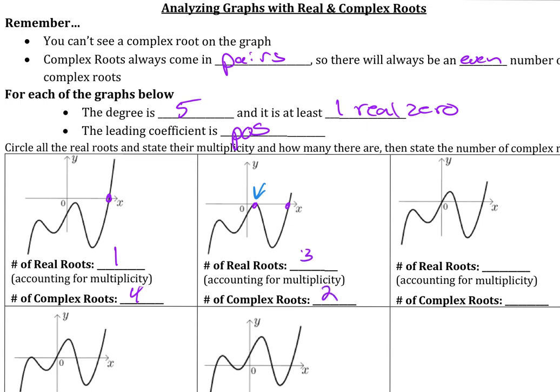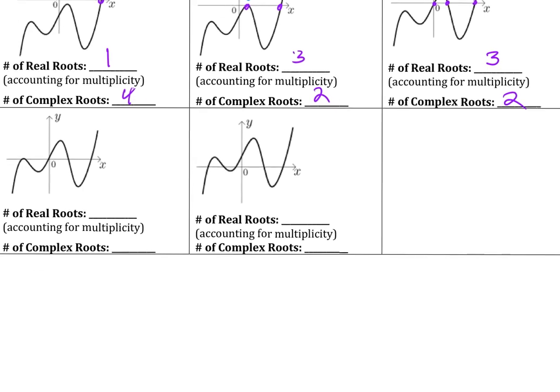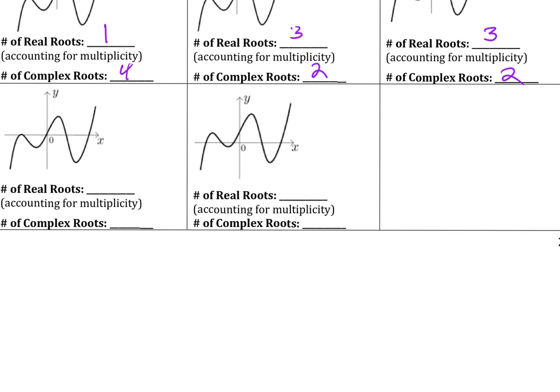Continuing on, we see that we have another function that's going to have 3 real zeros. This time it's 3 unique real zeros. They all have multiplicity of 1 because they're going to cross through. And once again, because our degree was 5, if there are 3 real zeros, that leaves us with 2 complex zeros. And then for the last couple of examples, looking at our function, I have 2 zeros there, technically, because of our multiplicity.